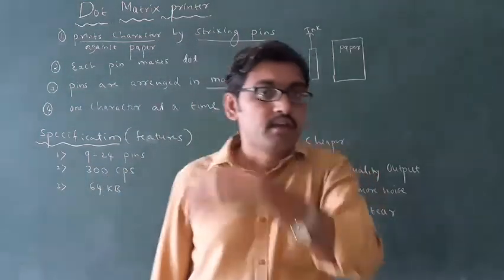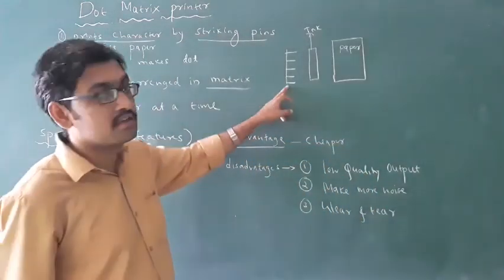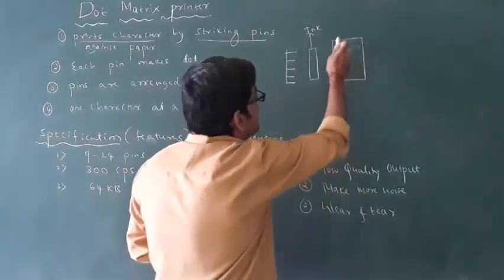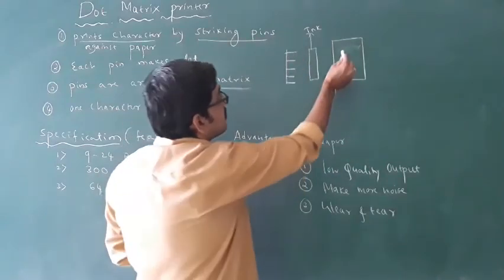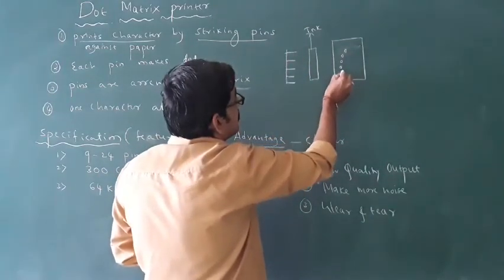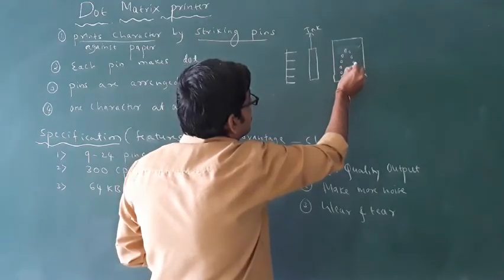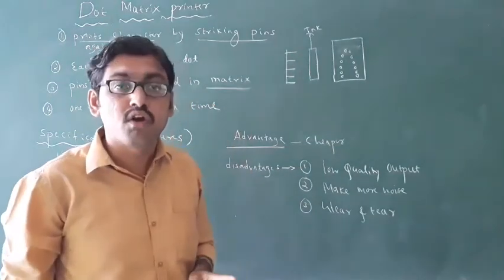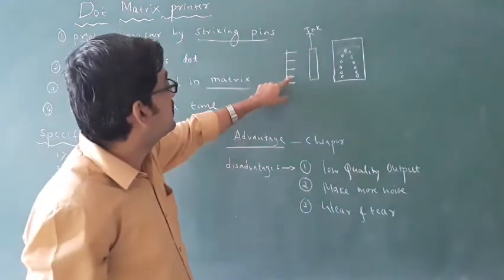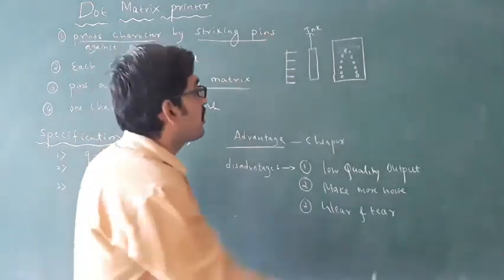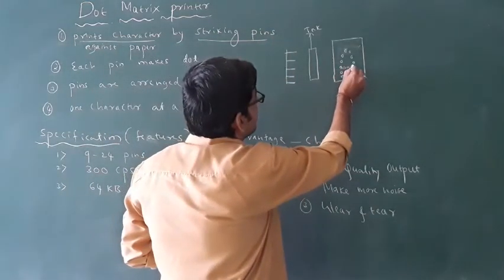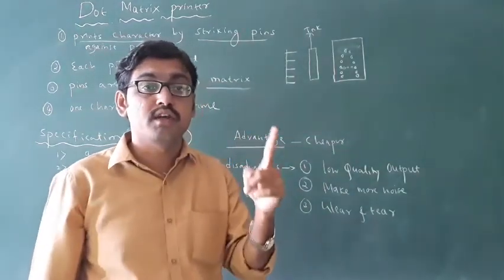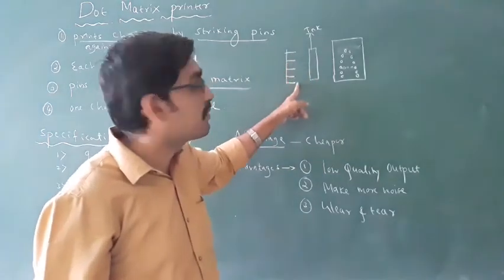Every pin produces dots on the paper. Each pin produces a dot, like this. The combination of dots produces one character. There are many pins.